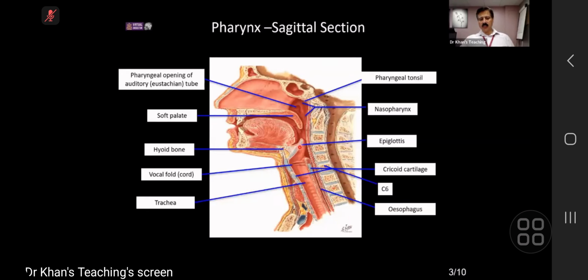If you see the epiglottis, there is a fold of mucosa which is going from here to the tongue, and we call it glossoepiglottic fold. And within that is what we call the hyoepiglottic ligament.